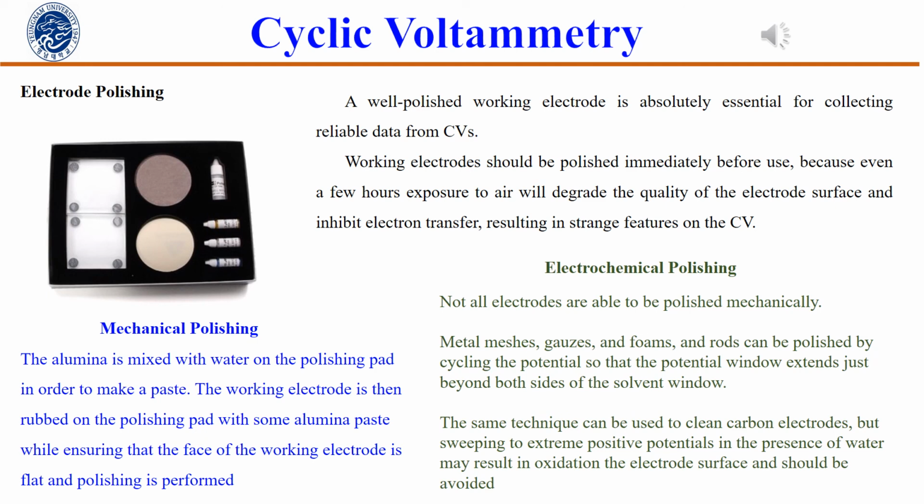Mechanical polishing is not suitable for all working electrodes. Some metal meshes, gauzes, foams and rods can be polished by cycling the potential so that the potential window extends just beyond both sides of the solvent window. The same technique can be used to clean carbon electrodes.